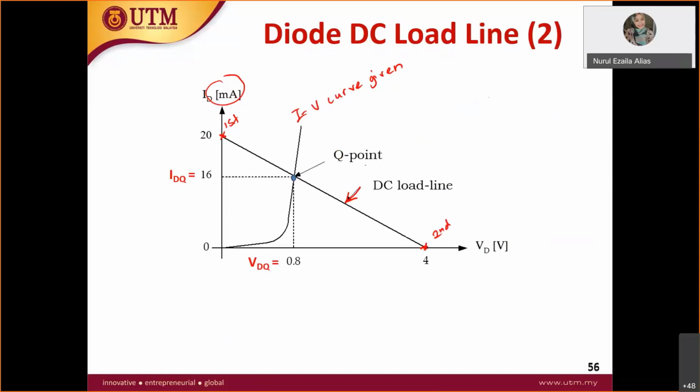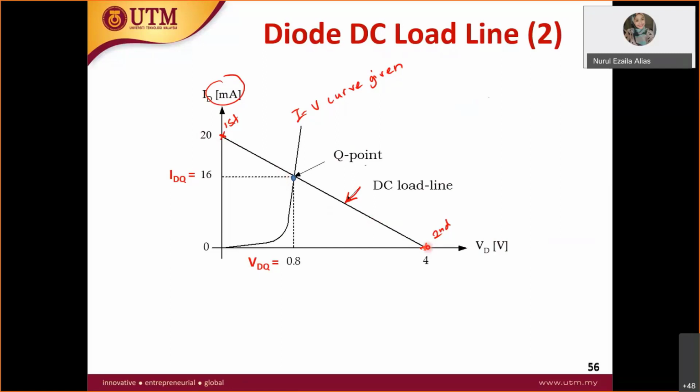All right. So from here, you need to draw the line. I'm not going to draw on this line because it's already nice here. So connect these 2 points and you will get your DC load line here. So this drawn line is your DC load line.